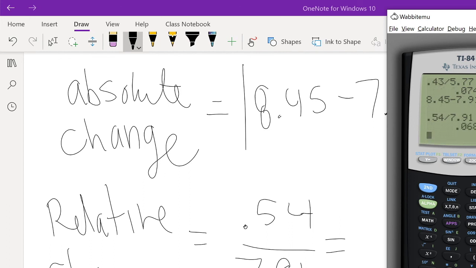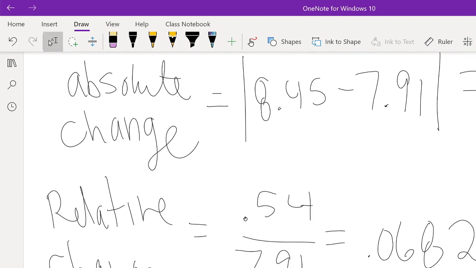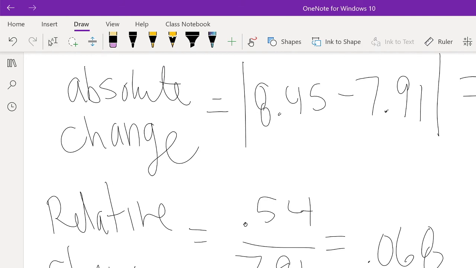Hit enter, and here we have 0.0682. And actually, let me keep it consistent. I think I only went 3 place values. Yeah. So here we go. Let's do that. Okay. And that represents a relative change of 6.8%.